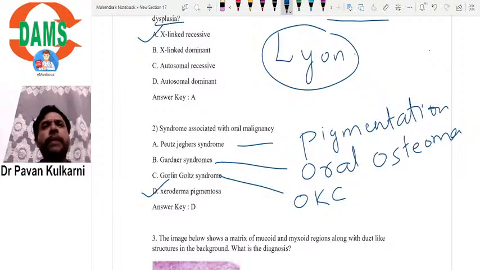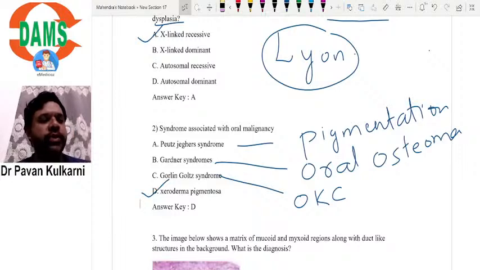Xeroderma pigmentosa is one particular skin condition where there is increased risk of skin malignancies, mainly melanomas and basal cell carcinomas. Even oral malignancy can be seen. So the correct answer here is xeroderma pigmentosa. That is why you have to rule out all the options. Here the best option is xeroderma pigmentosa.